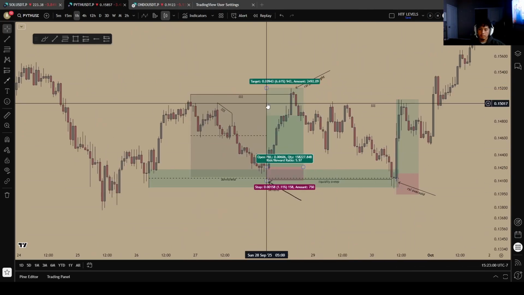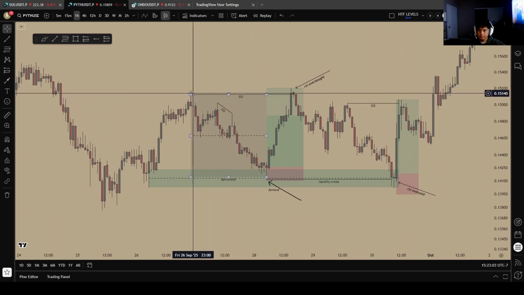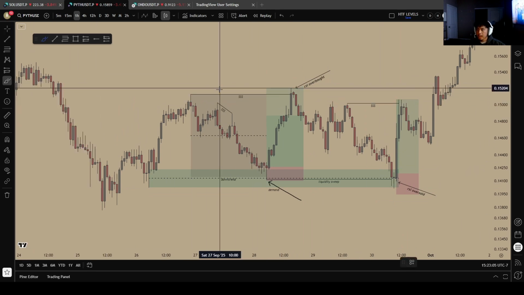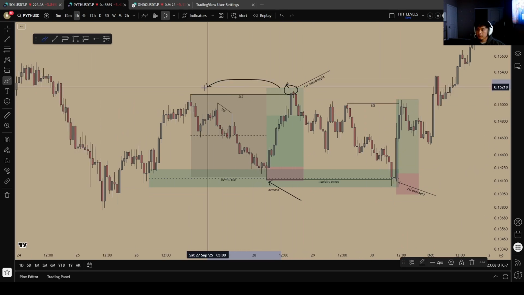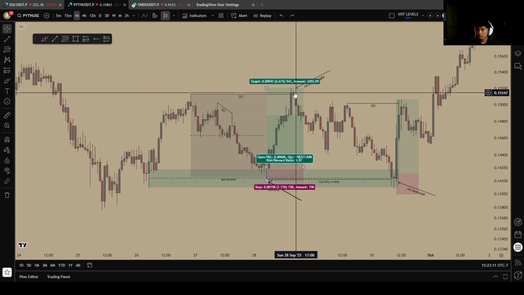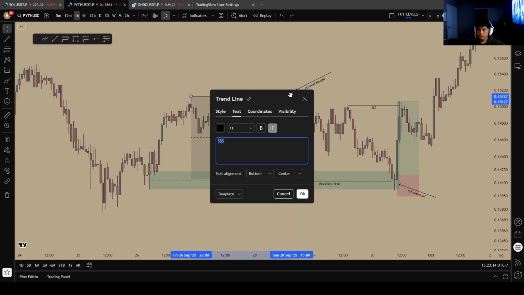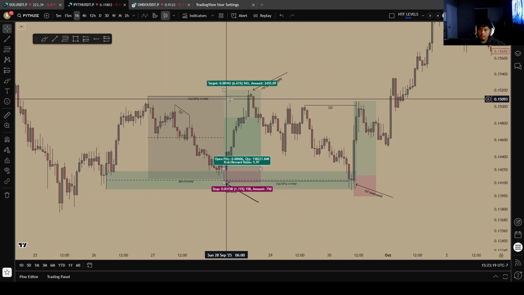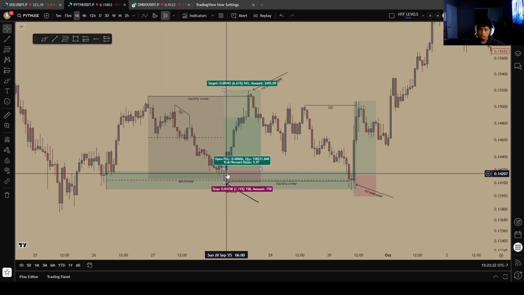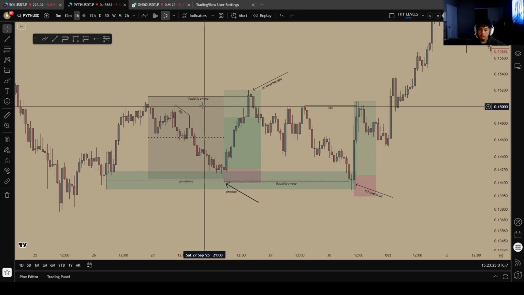So RSI overbought, RSI oversold. After the price sweeps above, right here, price sweeps this high, what ends up happening is, since the price reversed back down, this is what we're going to call a liquidity sweep. So when you have a liquidity sweep, the price should start to reverse in the opposite direction. In here it went up, right here it went down.